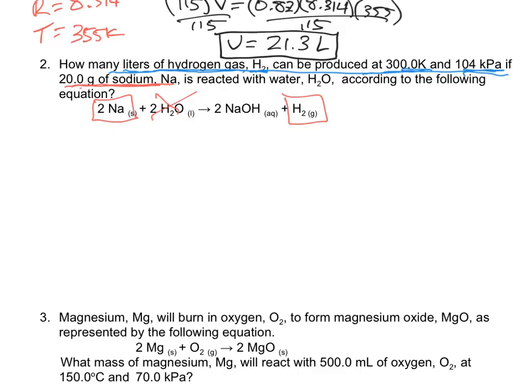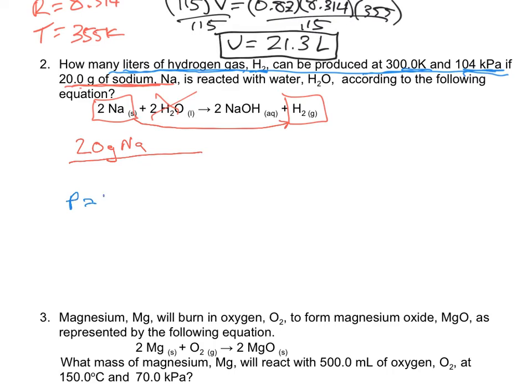So I'm going to start off with my 20 grams of sodium, and I need to do a little stoichiometry here to find hydrogen. It's important to know what you're trying to find, right? So if I were to try PV equals nRT here, let me just try this out.